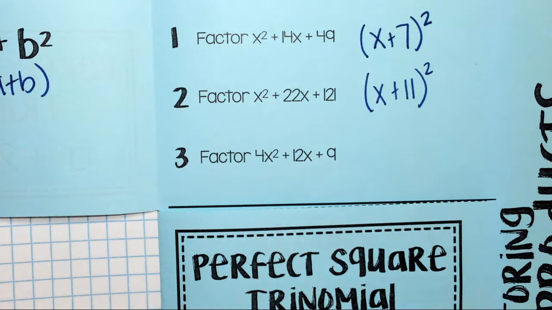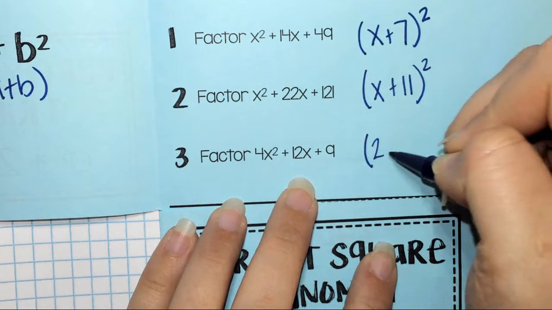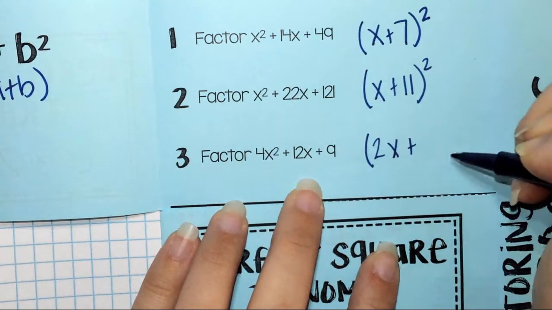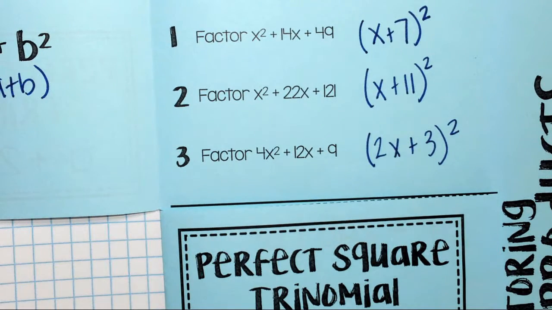All right, what did we get for our first term in our parentheses? 2x. And then our second term? And then you square it? Ta-da! Isn't it exciting?